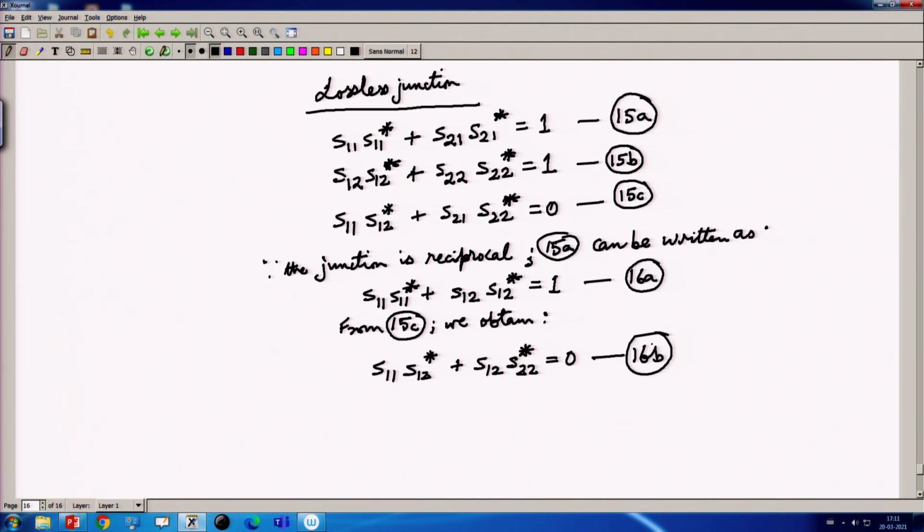We just replace S21 by S12 because of the reciprocity, the junction is reciprocal.